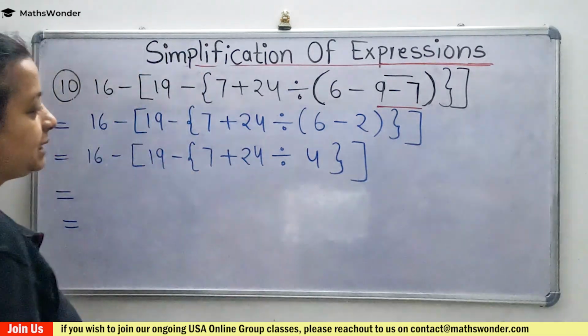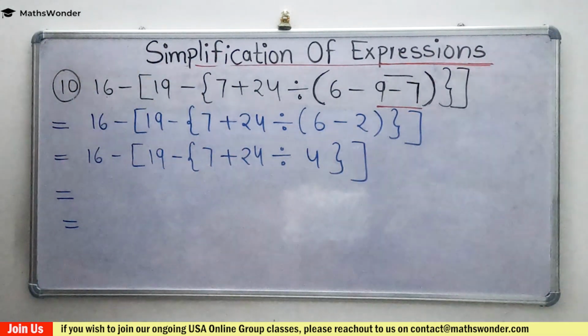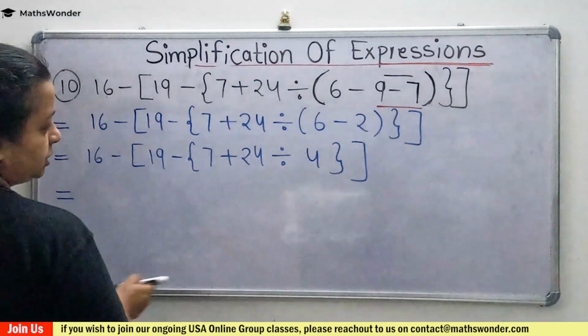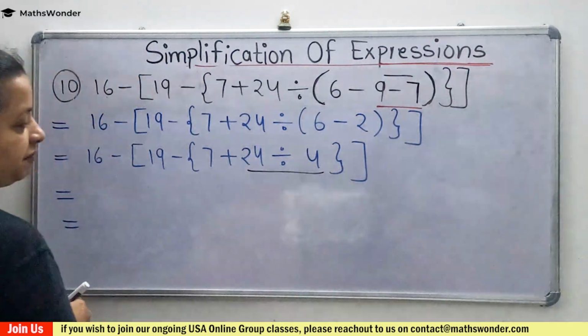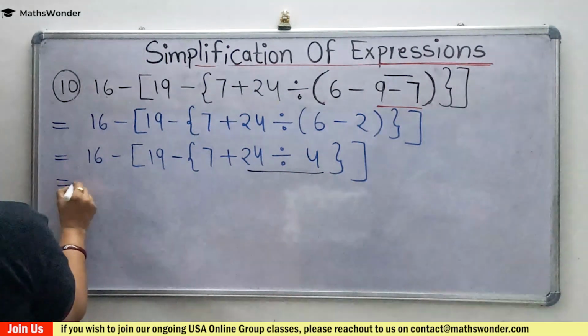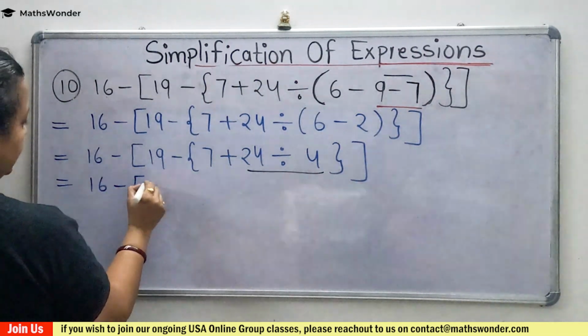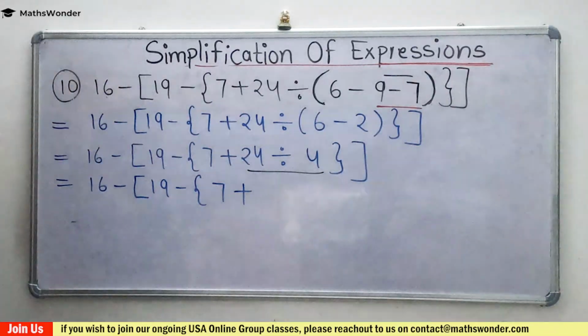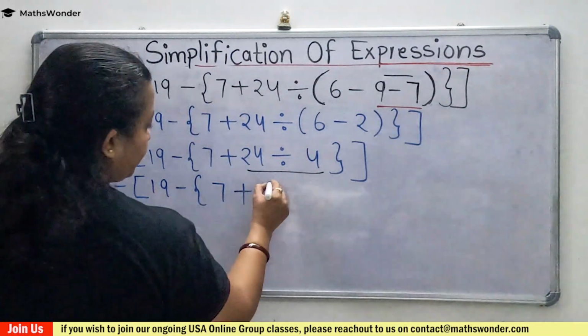Now close your parenthesis. Now in the curly parenthesis you will see there are 2 operations. So which operation we will solve first? Division, then addition. 24 divided by 4 is 6. Minus, the remaining part you will write as it is. 7 plus 24 divided by 4 will be 7 plus 6, which is 13. Correct. Absolutely.